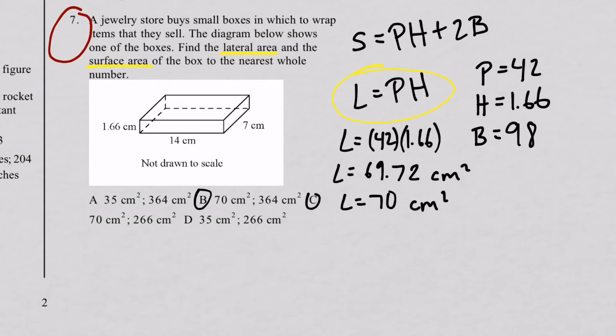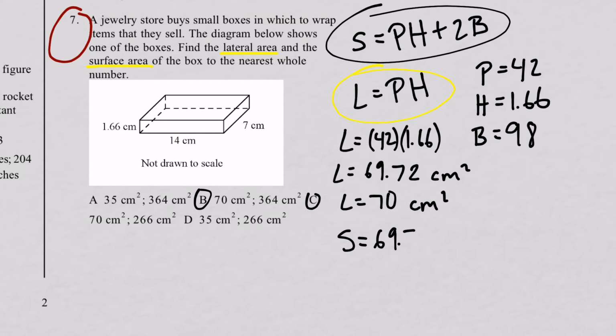Well, I've got to find the surface area now, right? It says lateral area and surface area. So to find the surface area, we already found PH is 70, or 69.72 to be more exact. I'm going to use the non-rounded version, plus 2 times the area of the base, which is 98. PH plus 2B. So 2 times 98 is 196.